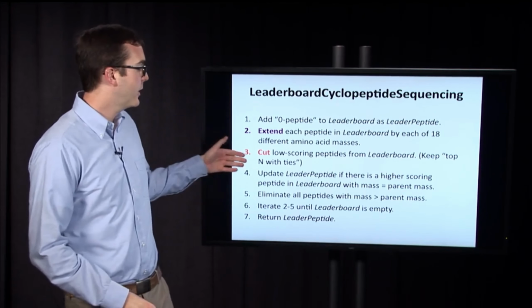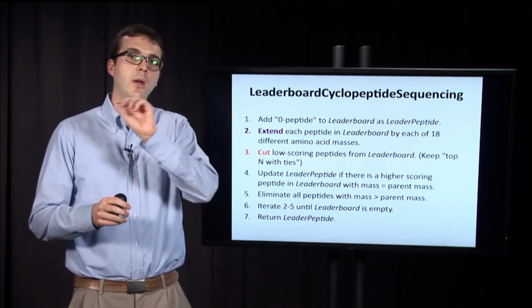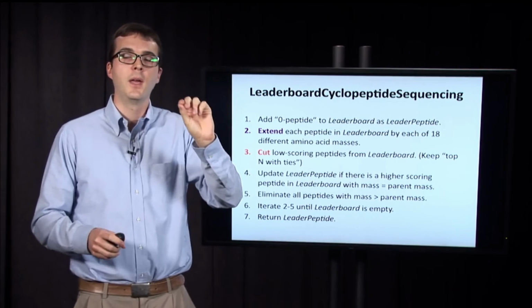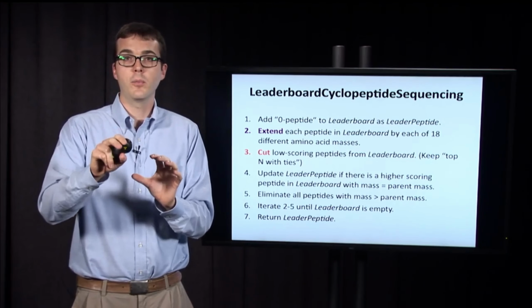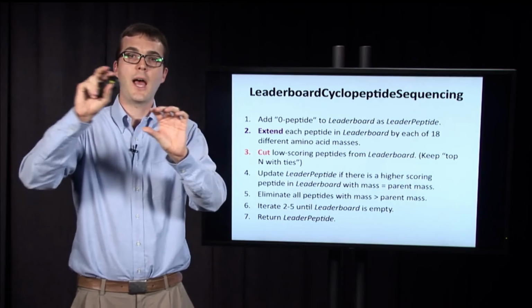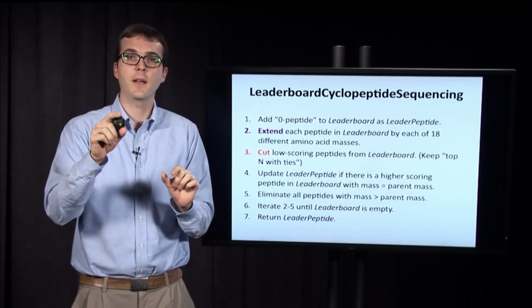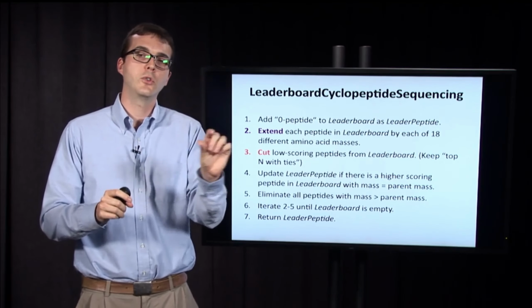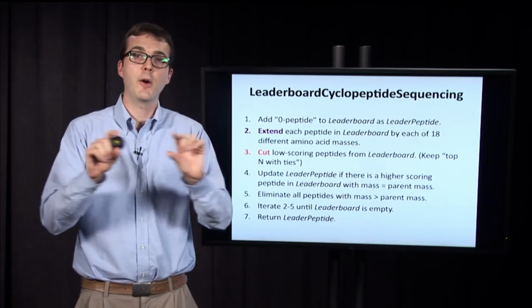Then the next step is going to say, okay, we'll update this leader peptide. We're going to keep track of what the leader peptide should be, and if there is a higher scoring peptide that we can find on the leaderboard, so if something moves up and becomes a higher scoring peptide, and its mass is equal to the parent mass that we can detect. By the parent mass, I mean we said that we're always going to be able to know in advance what the correct mass of the entire peptide should be.